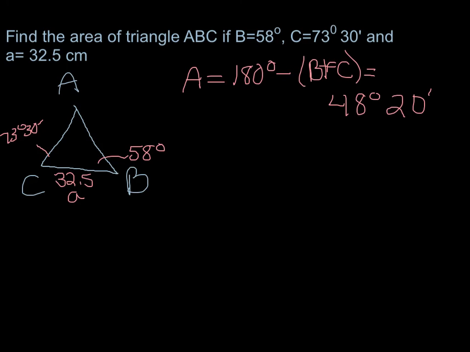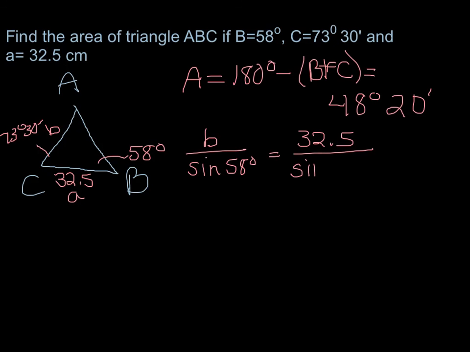Okay, so now we have angle A and side A, and we want to find either side B or C, and I think I'll find side B. So B is to the sine of 58 degrees as side A, 32.5, is to the sine of angle A, the sine of 48 degrees, 20 minutes.